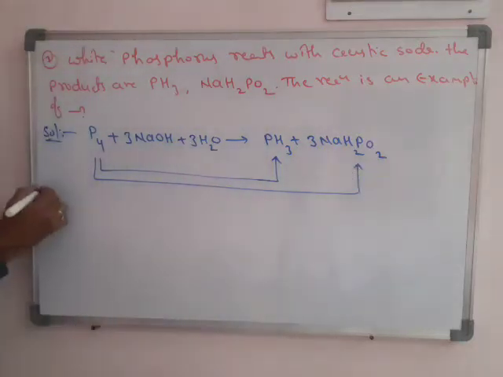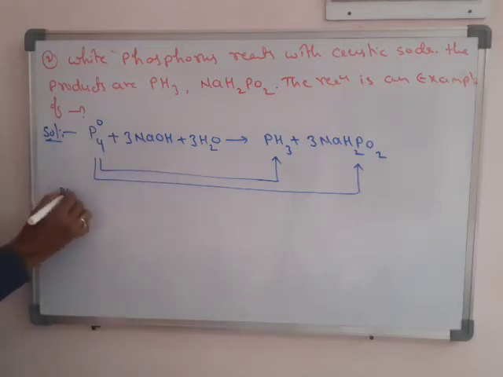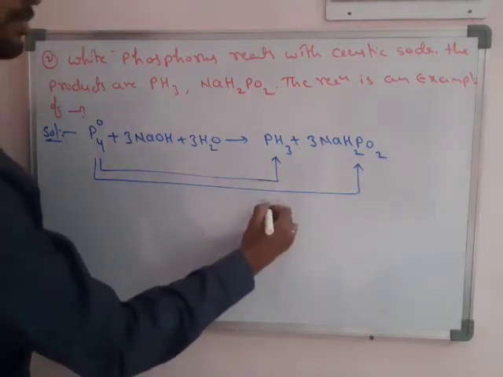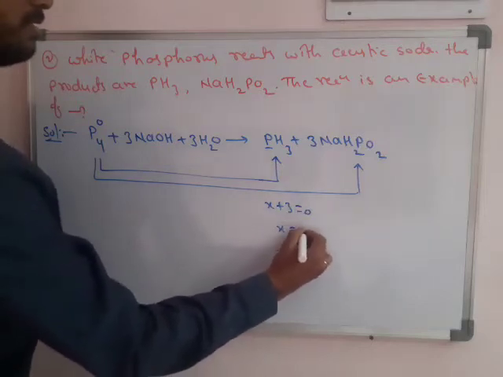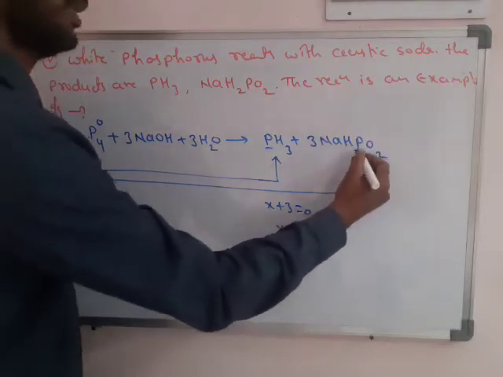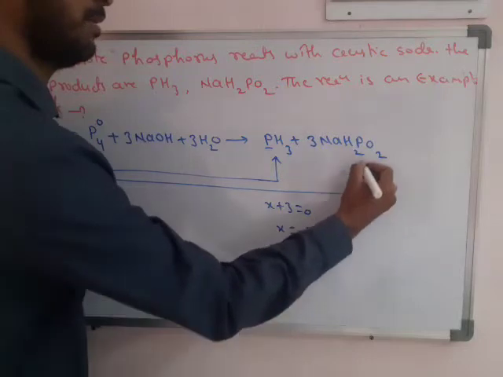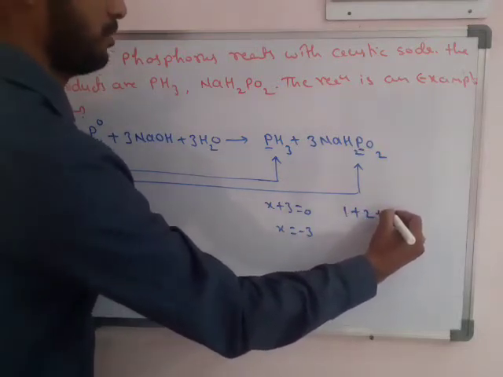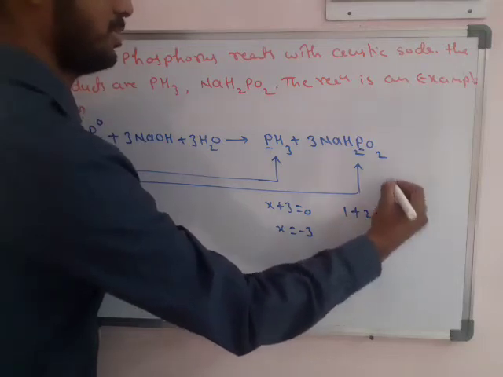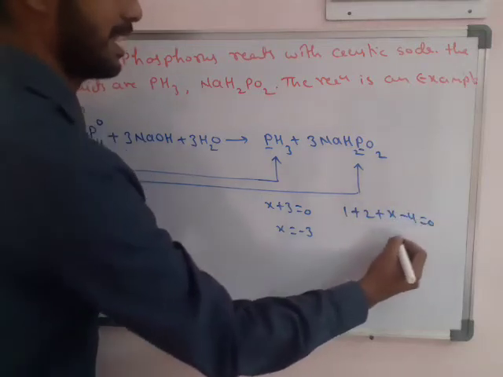Now we see the oxidation number of P4. P4 is a free element, so it is 0. In PH3, what is the oxidation number? Calculate here: phosphorus X plus 3 equals 0, so X equals minus 3. In NaH2PO2: sodium 1, two hydrogens 2, one phosphorus X, two oxygens minus 4, each carries minus 2.